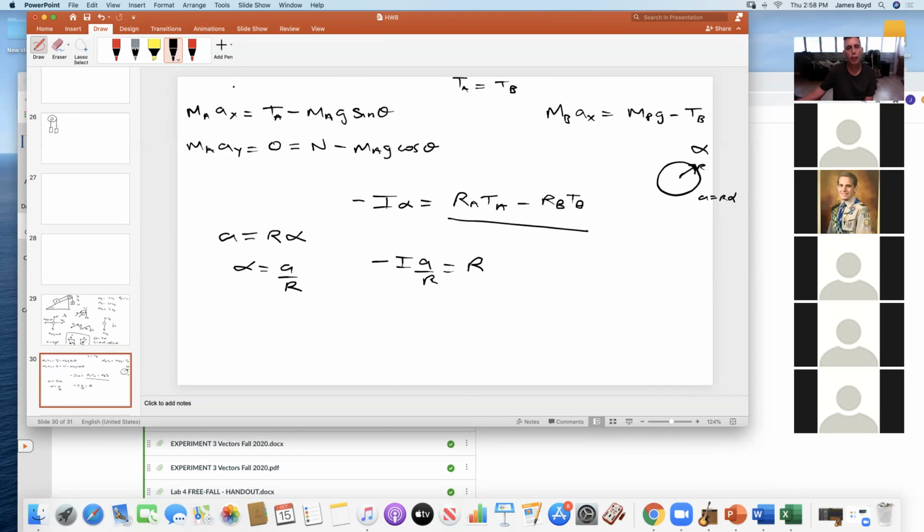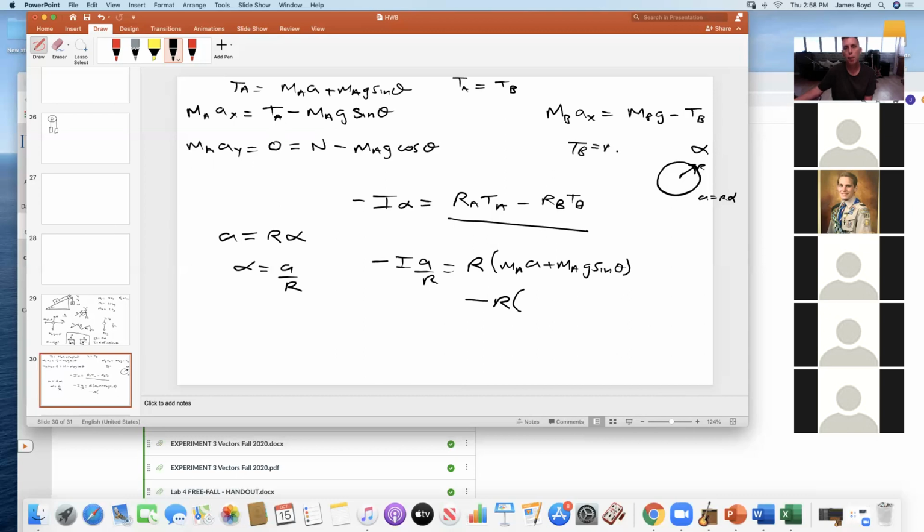I'm going to change things back to R's. We can plug in for TA: MAA plus MAG sine theta. So this is MAA plus MAG sine theta. And we can plug in for TB.